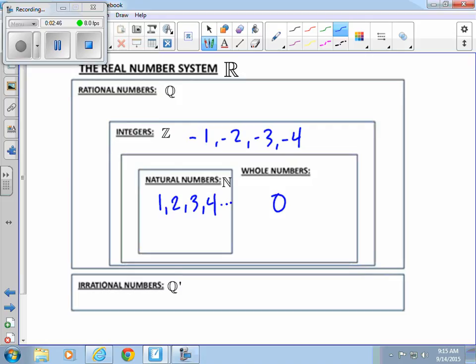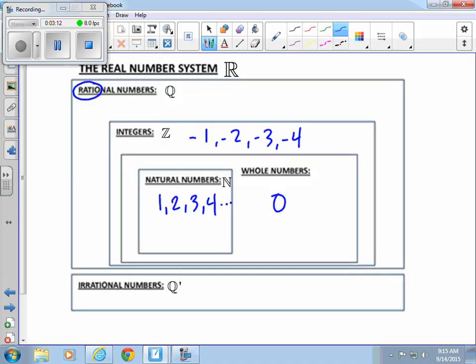Is this good information for the ACT? I ask you questions about this one on the ACT. The next one is rational numbers, and I want to point out a word in rational numbers. You see that word ratio? What is a ratio? A fraction. So rational numbers are fraction numbers. Do all of these count as fractions?